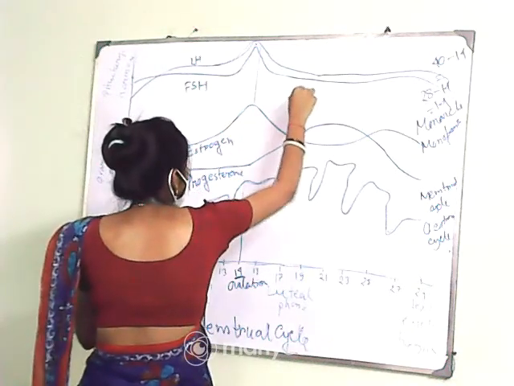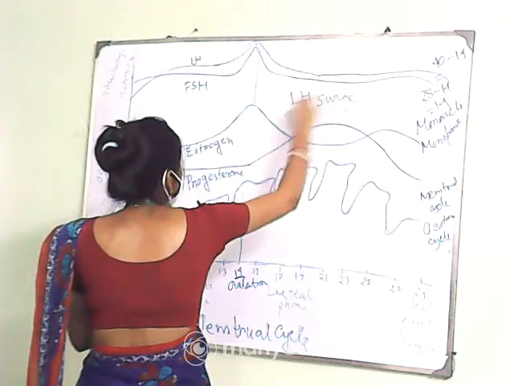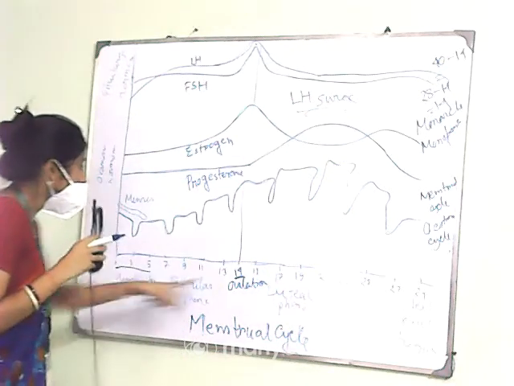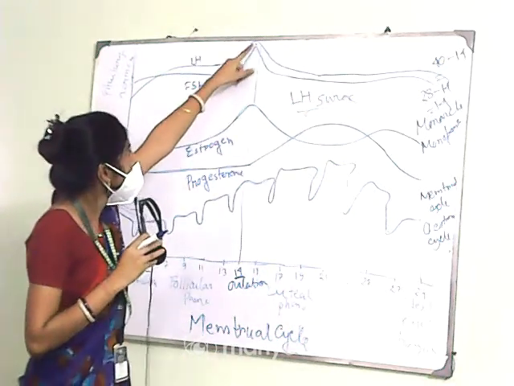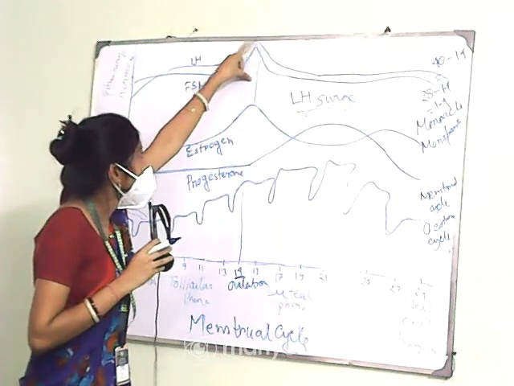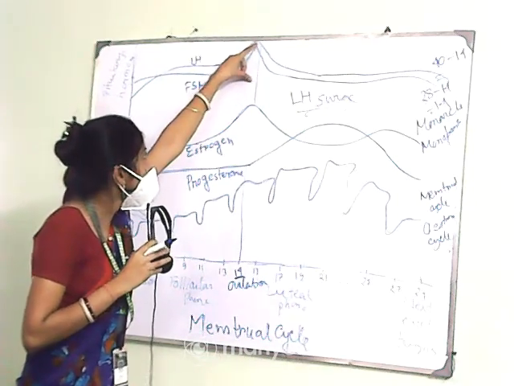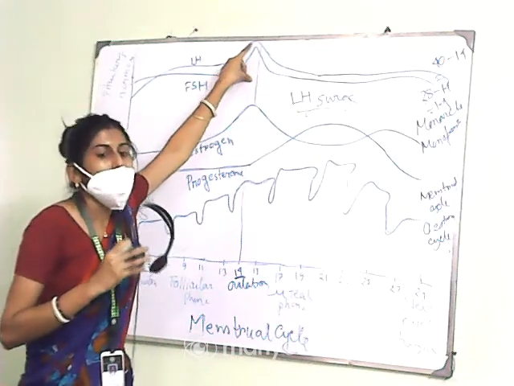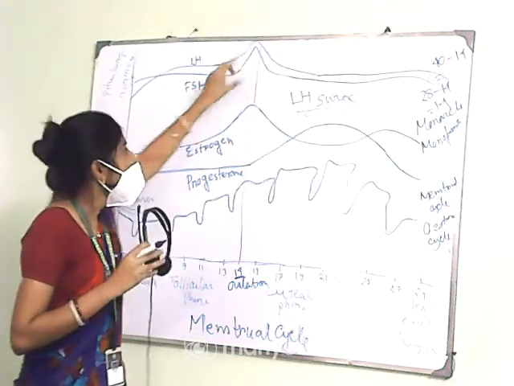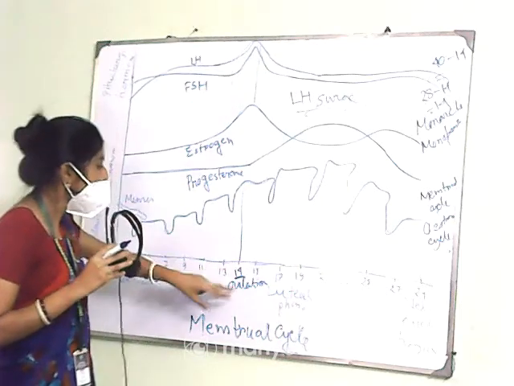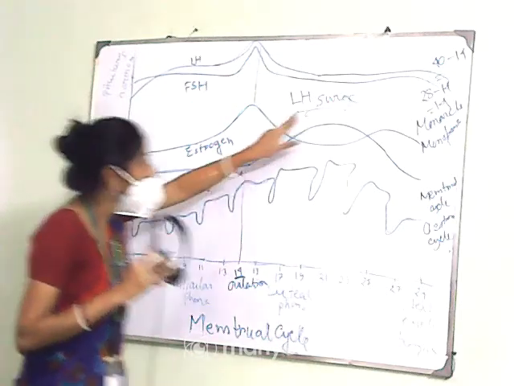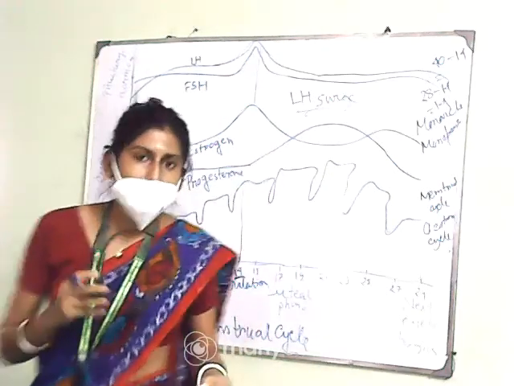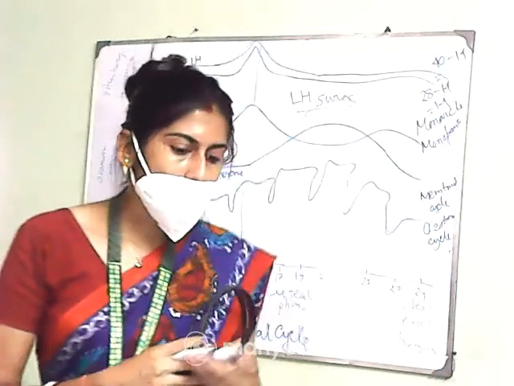So here you get a new term, that is LH surge. Before the day of ovulation the level of LH will reach the peak level, and FSH also. Due to this peak level, what will happen? From the mature Graafian follicle the egg or ovum will be released and ovulation will take place. This condition is called LH surge.